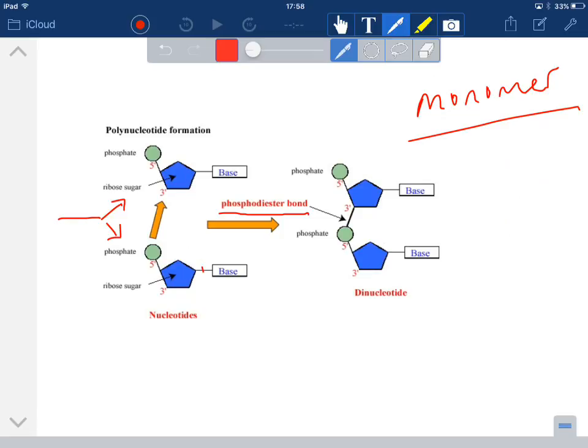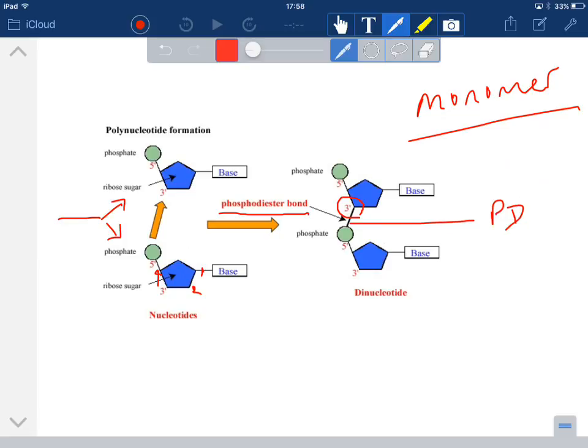And in fact, if we number these carbons, we've got 1, 2, and then you can see the 3 is already written in, 4 is there, and then the 5 is there. They're going to bond together by this phosphodiester bond. What happens is that the phosphate group binds to the 3rd carbon, and this is the phosphodiester bond.